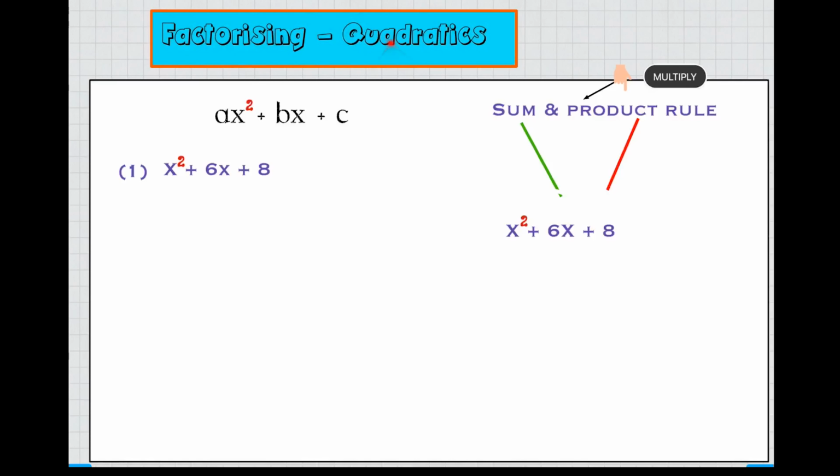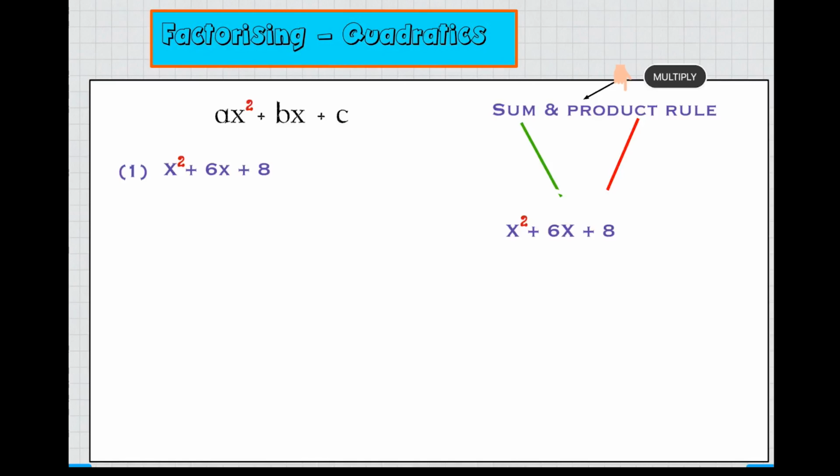Factorizing quadratics. This is the general form of a quadratic equation, ax squared plus bx plus c, in which the first term is a squared term of x, the second term is just a linear x, and the last one is c as a constant.